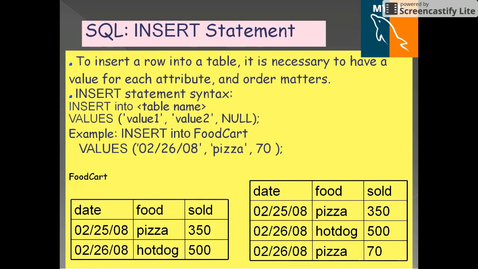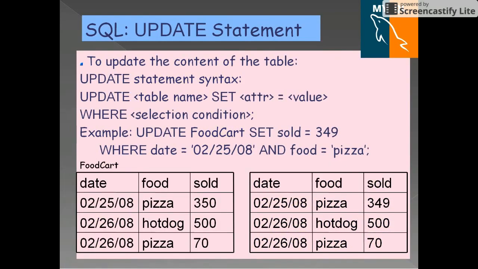Similarly, we can perform an update to change the content of the table or modify the table. So here comes the update statement. The update statement is used to modify the information of a corresponding row, the value corresponding to a certain column and certain row. For example, in row 1, we want to modify the value of sold. The value was previously 350 and we want to change it to 349.